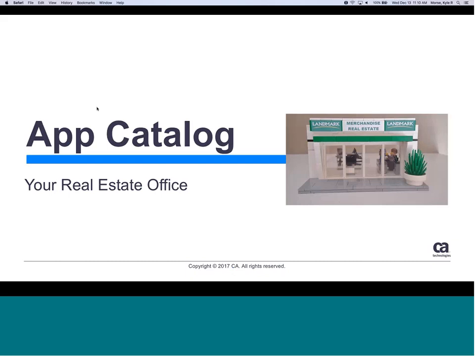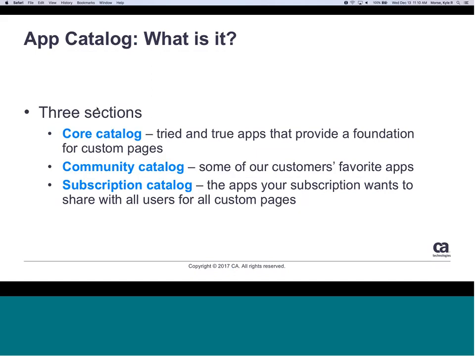For subscription admins, if you are looking to manage your subscription app catalog, what I'll do is go to subscription settings, and then under the subscription tab, I can see the app section. So in here, this is where I would add or manage subscription apps.